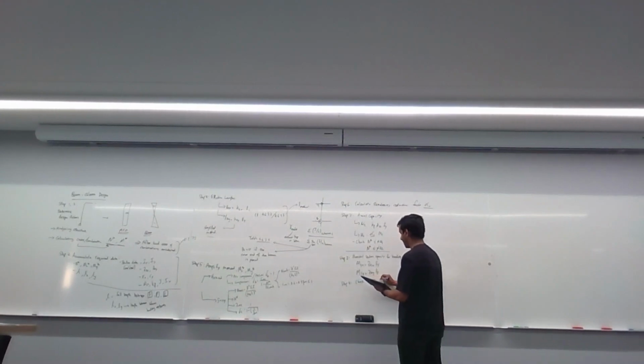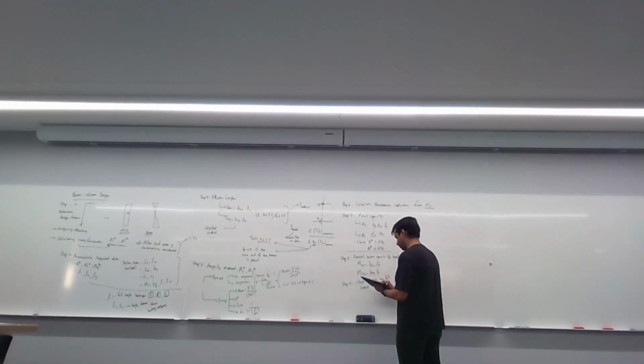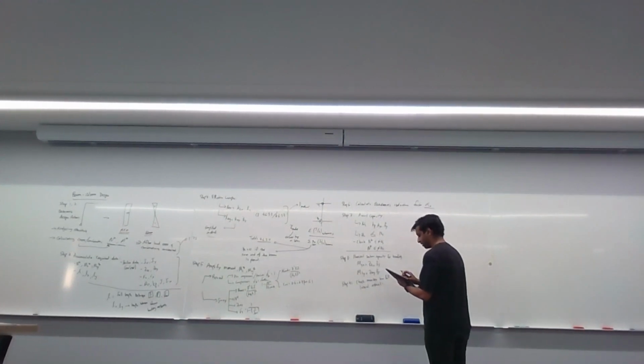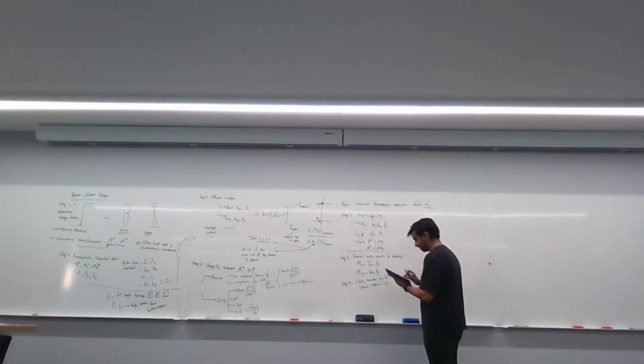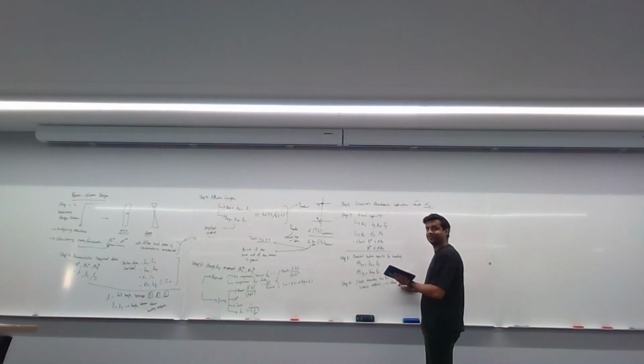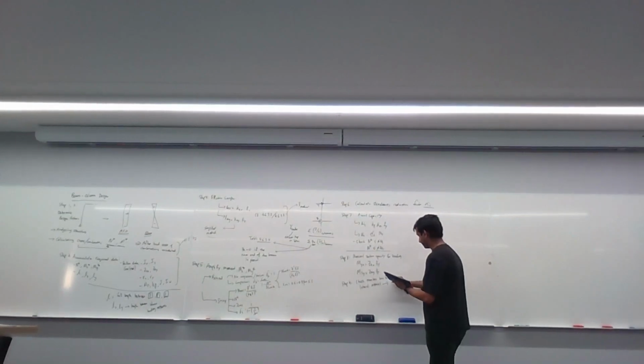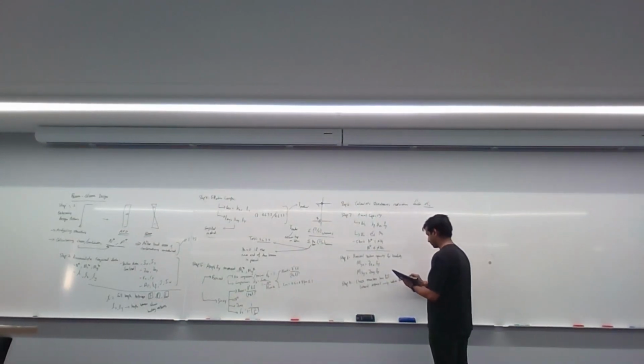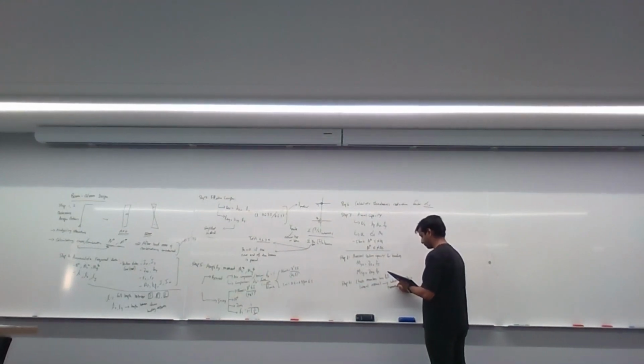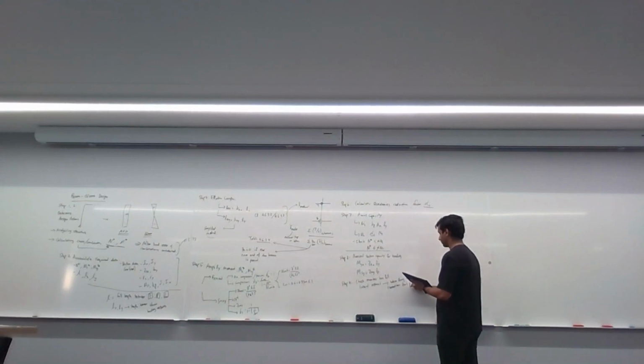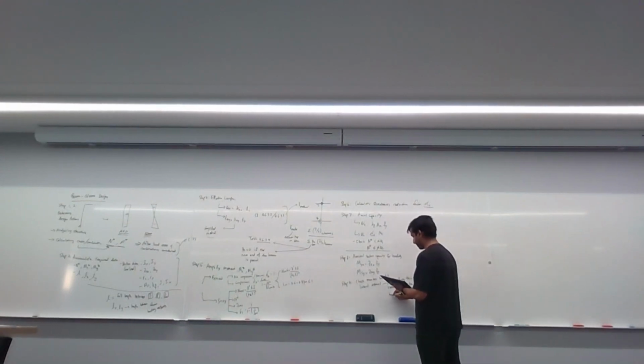So step 9 really is to check whether the member has full lateral restraint. By the way, the clause that I was referring you to check is, let me see here, 5.3.2.1.